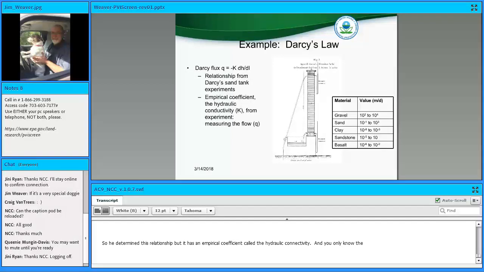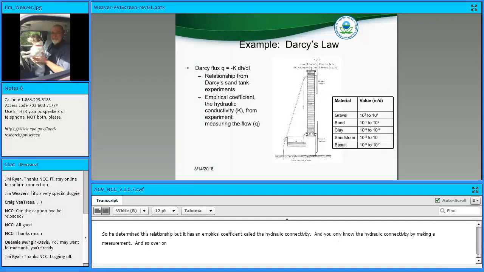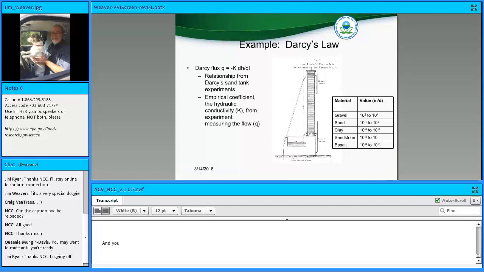And so over on the right-hand side of the figure, I've put a table showing some generic material types and hydraulic conductivity values. Okay, and these differ greatly from each other. And you can't really say that you know much about how water is going to flow through this column unless you know the value of this coefficient.